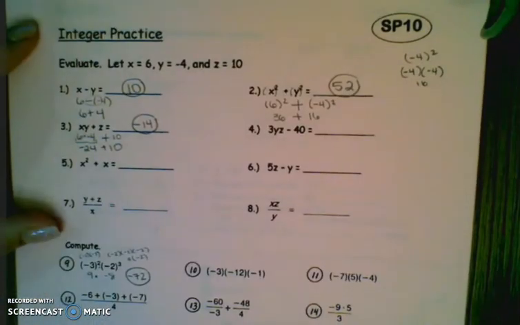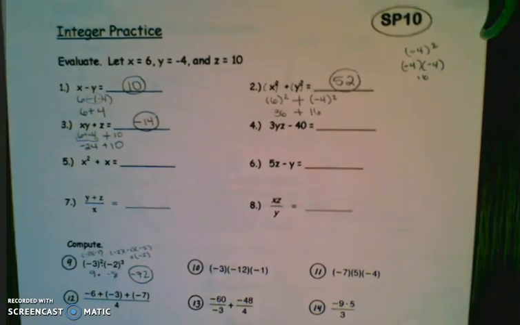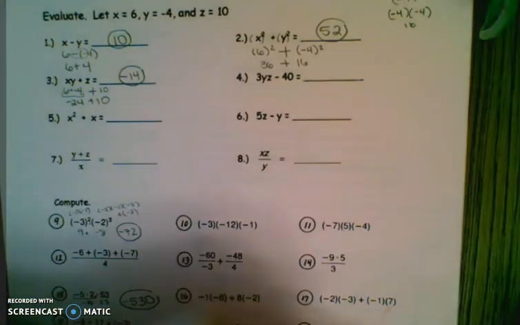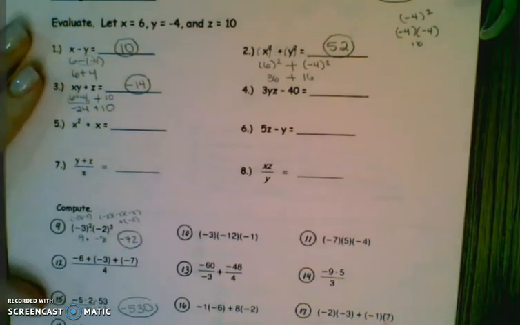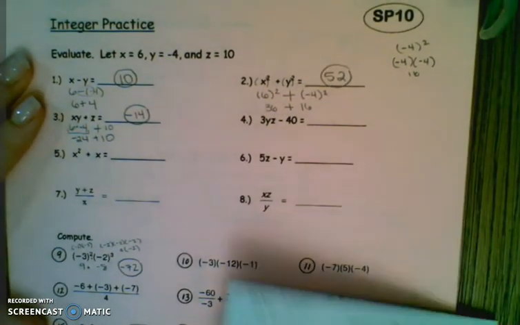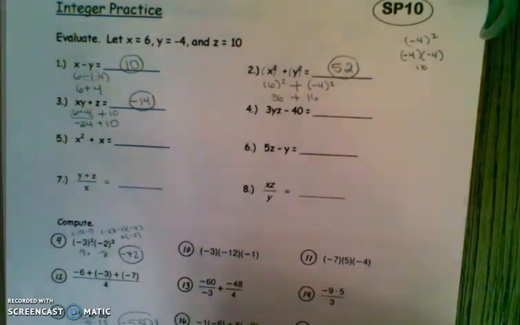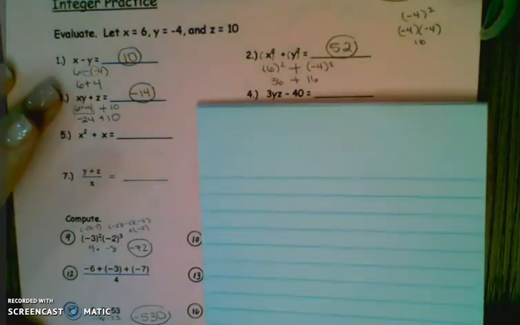Up top was evaluate, which means take out the letter and put in the number, and below was just compute. So I want you to try to do it on your own, but you could have also used a calculator for the bottom part. Okay, the top part. Shelby has asked for SP10 number 7. Here's number 7.